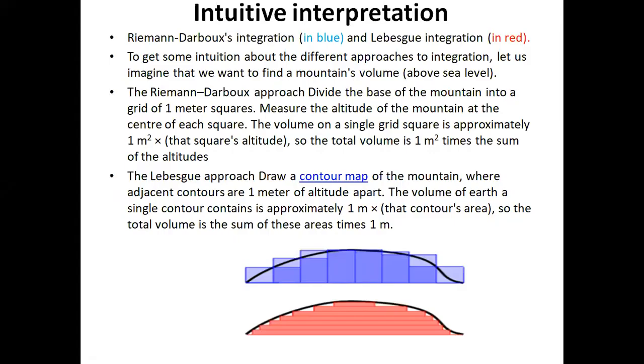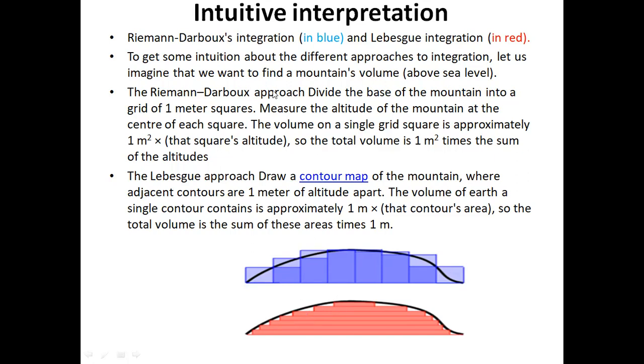Now, what is the intuitive interpretation of the Riemann-Darboux integration versus the Lebesgue integration? They are mentioned in an intuitive way, meaning how we can sketch one of the examples related to Riemann and Lebesgue integrals. Here I have marked the Riemann integration in blue, and the Lebesgue integral in red.